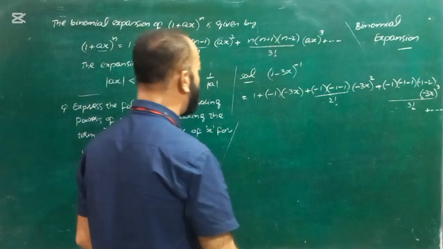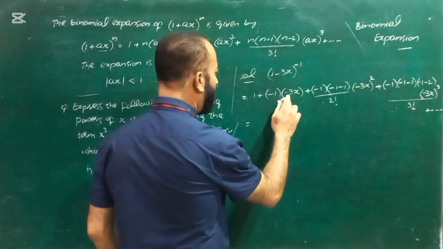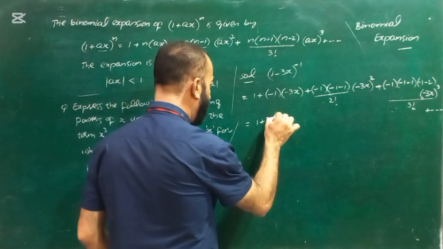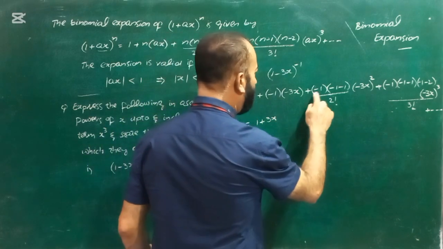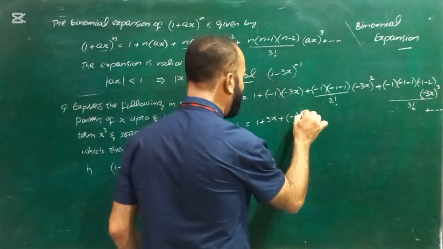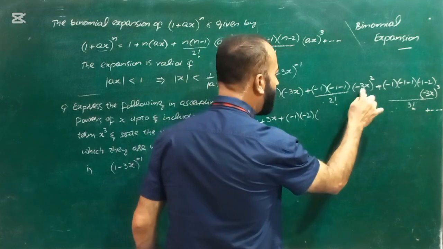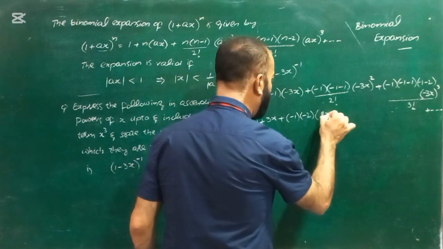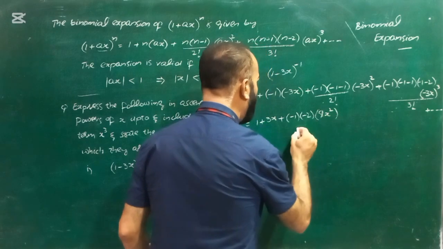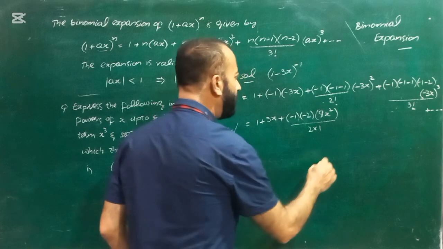Now you will solve it. Minus minus becomes plus, so 1 + 3x. And from here you can see in the brackets, (-1)(-2) into this becomes 9x squared over 2 factorial, which stands for 2 into 1.